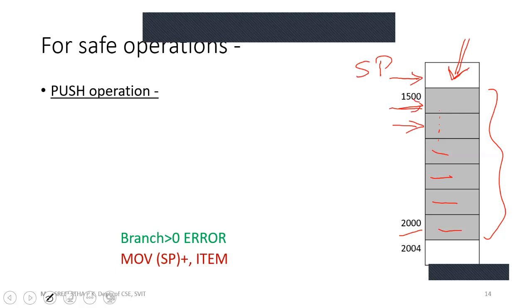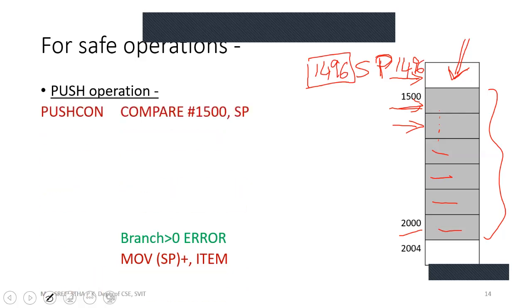So how do I check the stack pointer? I should know its value. I know the stack pointer holds an address. Suppose this is 1496, so there is a difference of 4 numbers in the stack pointer. I'll have 1496 if the stack is full. I can use an instruction by name compare.